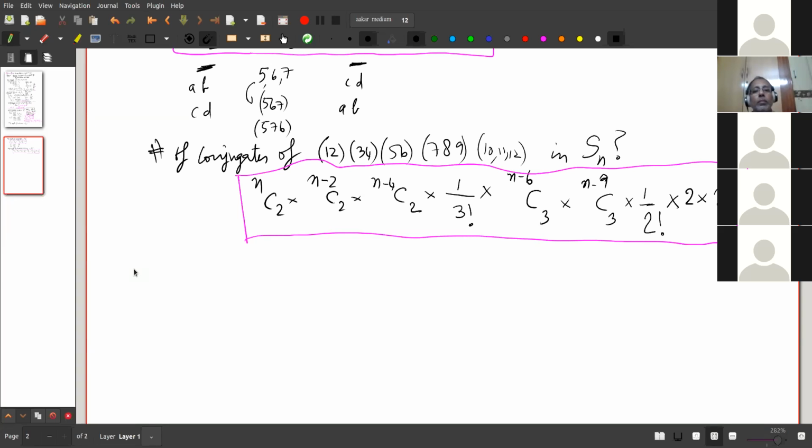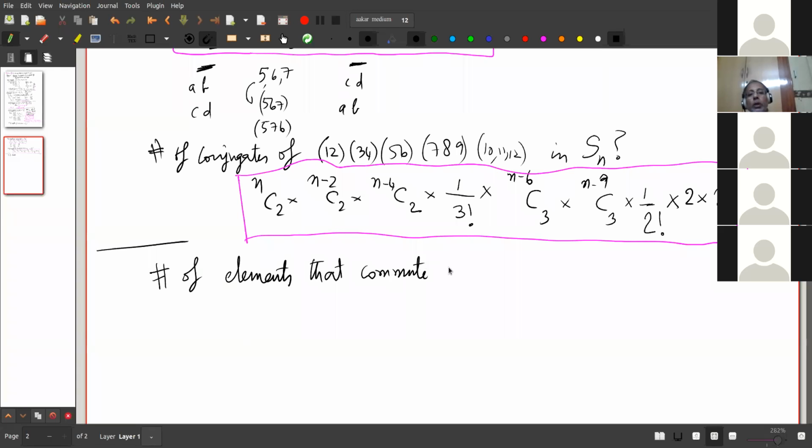So in Sn, sigma is an element. So the number of elements that commute with sigma in Sn.